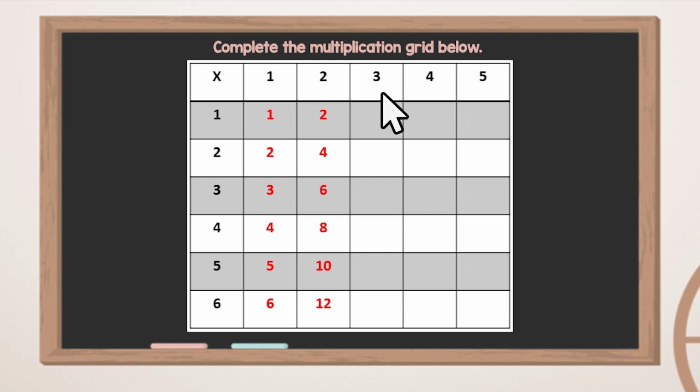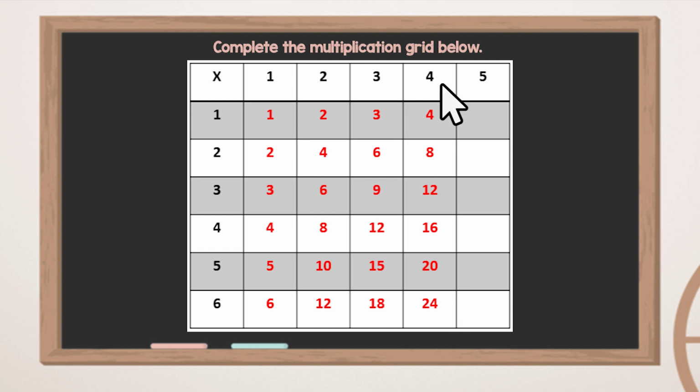Next column, 3, 6, 9, 12, 15, 18. We're counting in 3s. Do you see that pattern? The number is increasing by 3. Next column, 4, 8, 12, 16, 20, 24. The number is increasing by 4.